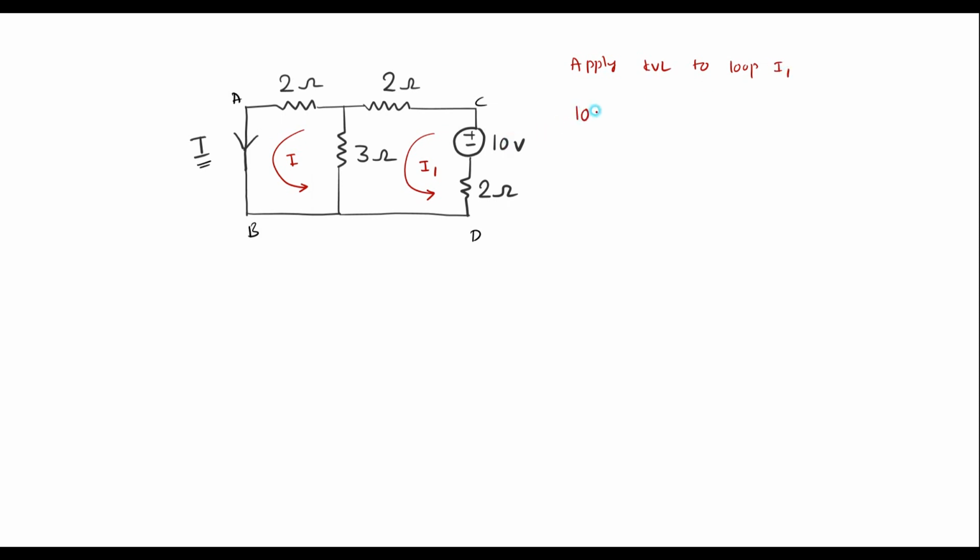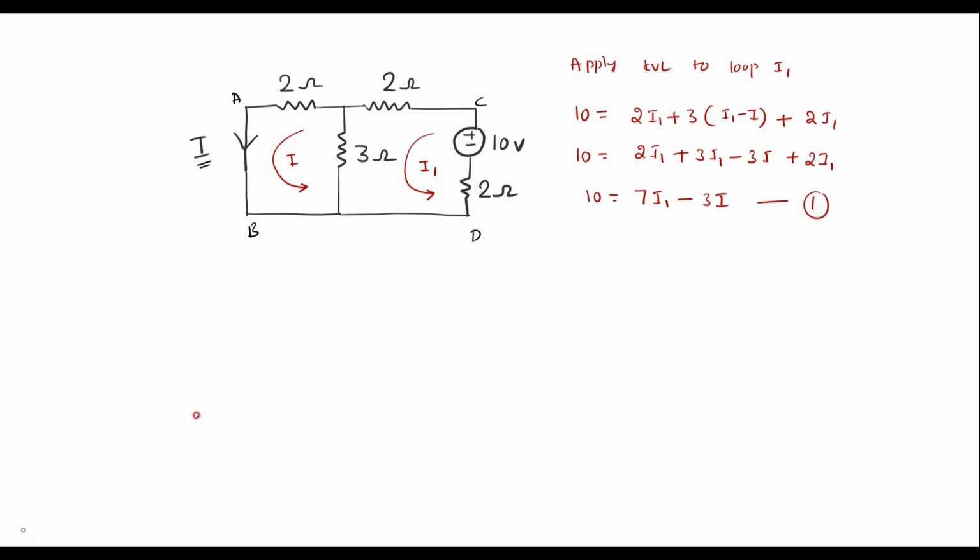I can write 10 is equal to the voltage across this, 2I1, plus the voltage across this, 3I1 minus I, and the voltage across the 2 ohm is 2I1. So 10 is equal to 2I1 plus 3I1 minus 3I plus 2I1, or 10 is equal to 7I1 minus 3I. Let me call it equation 1.